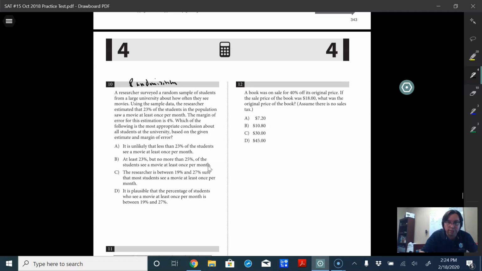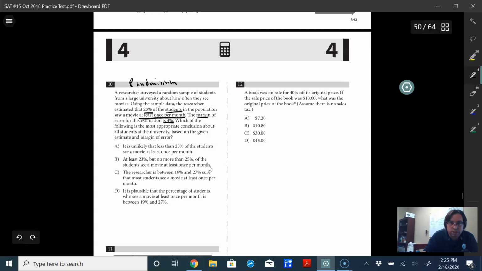Using the sample data, the researcher estimated that 23% of the students in the population saw a movie at least once per month. The margin of error in this estimate is 4%. So really, that could suggest it could go anywhere from 19% to 27%.